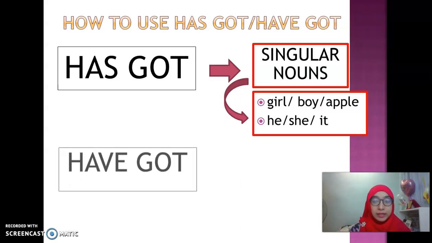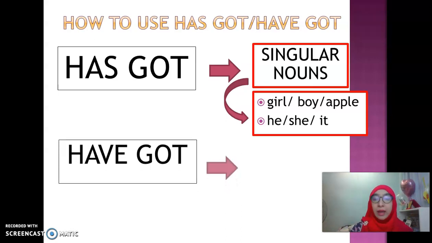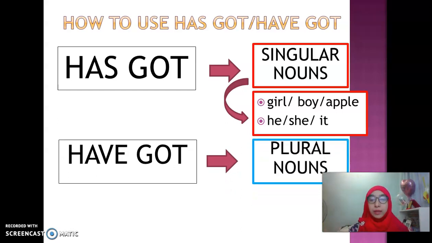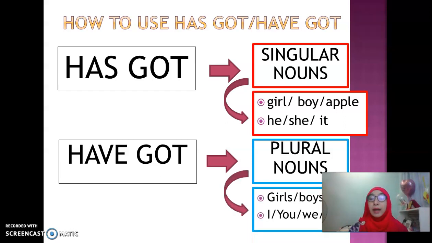Alright? Okay, so let's look at have got. Okay, have got, we use it together with plural nouns. So plural nouns is the opposite of singular nouns. Singular noun is for one object, one person, one building, one animal, one. Plural noun is for many. So for example, like I said, to easily identify singular and plural nouns, see whether the word has an S at the end.